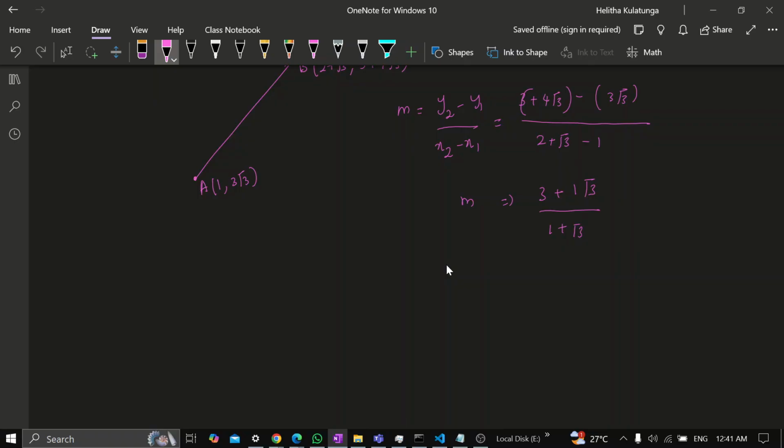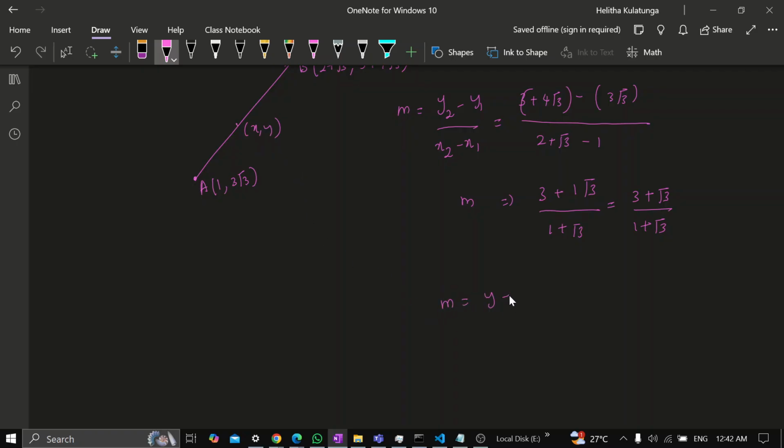We can simplify this a bit: (3 + √3) over (1 + √3). Then we can take a general point on this line, (x, y), and find the gradient in terms of that as well.